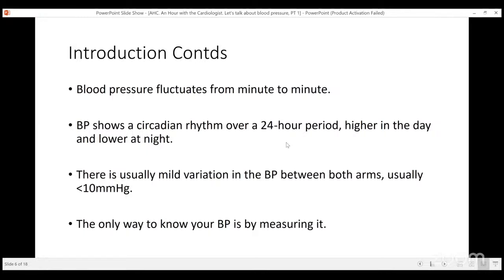It shows circadian rhythm. In the night, if your blood pressure is high at night, it has no significance. We do not expect that blood pressure should be high at night. All right. But if it does, then you need to really, really deal with it. You need to see your doctor as soon as possible or get in touch with a cardiologist as soon as possible. When you are sleeping, the blood pressure is supposed to go down a little bit also.